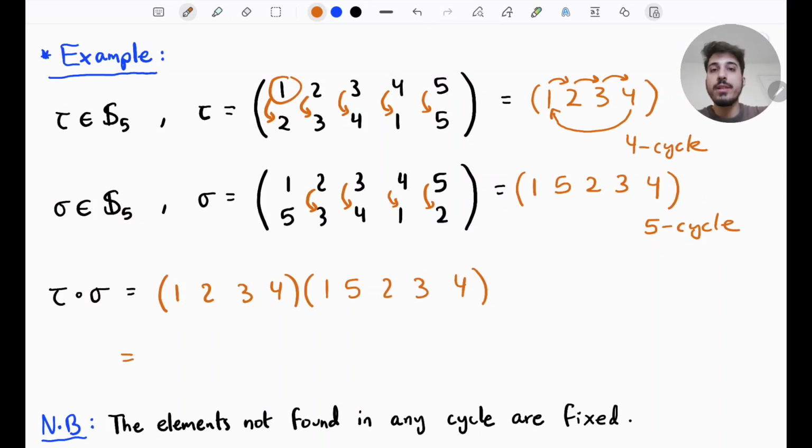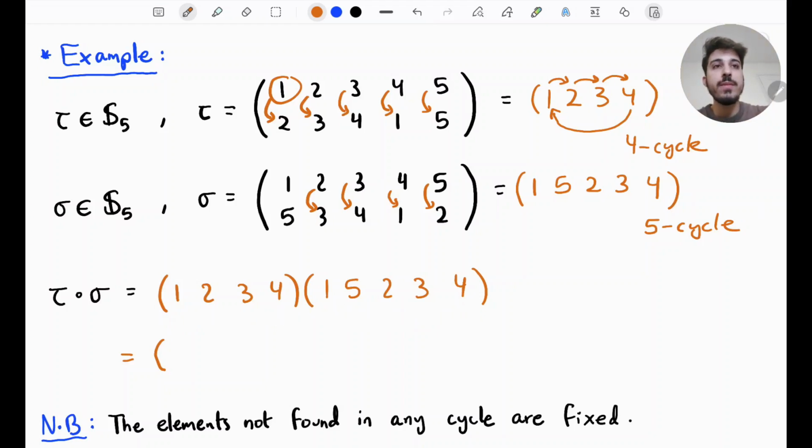The resulting permutation will look like this. We open our parentheses, we start with the right and see where the element is sent to, and then we go to the left and see where the output of the first cycle is sent to.